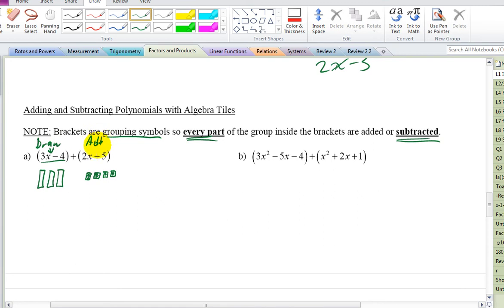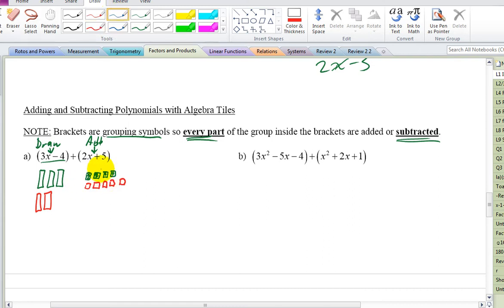And then what we want to do is add the next part, okay, putting like groups together. So the 2x should line up with the 3x, and the plus 5 should line up with the minus 4. Why should they line up? Because then you can show what? 0 pairs.